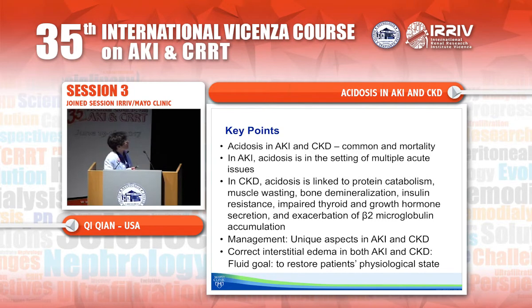This is a chronic situation. It links to protein catabolism, muscle wasting, bone demineralization, hormone resistance, impaired hormone secretion, and possibly bone amyloidosis. Management is unique for individual patients with AKI, but it's also quite different between AKI and CKD.